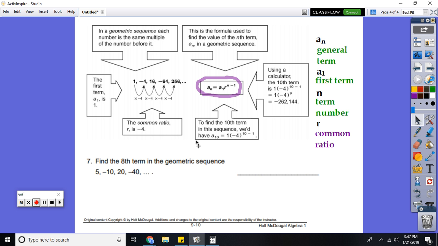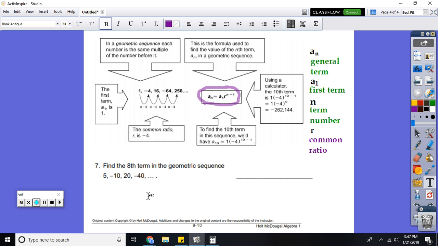So if I wanted to find the 8th term in this geometric sequence, again, that's not that big of a number, but if you can get there quickly instead of having to generate the next 4 terms, you might as well use the shortcut. So we need the first term, and the first term of this sequence is a 5. And then from there, I need the common ratio. And if I don't know the common ratio, sorry, I forgot that I need to put parentheses around everything I substitute.